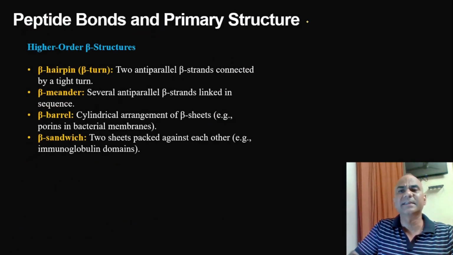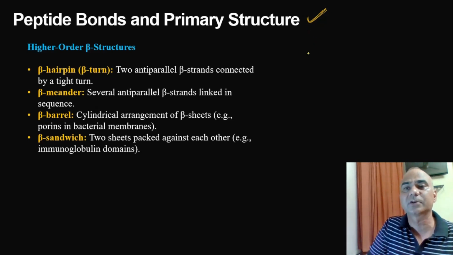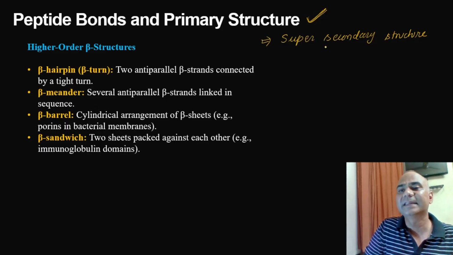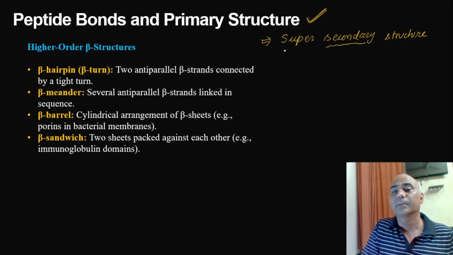Here, these are the special modifications of the secondary structure. So these structures are also called super secondary structures. Very important point: a super secondary structure. And what is the meaning of the super secondary structure? As its name implies, these are secondary structures. But why do we say that this is super?